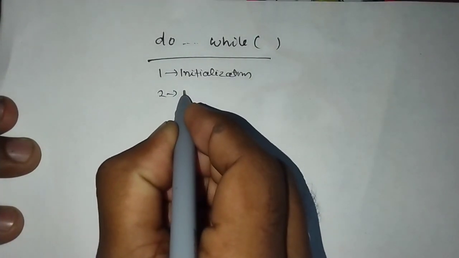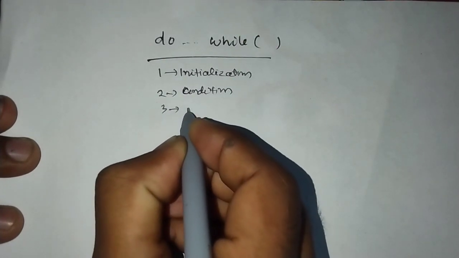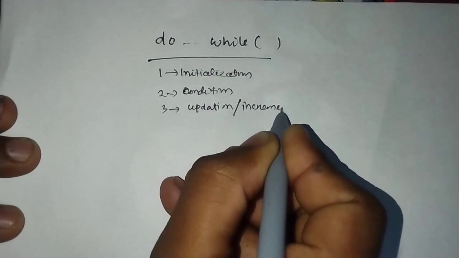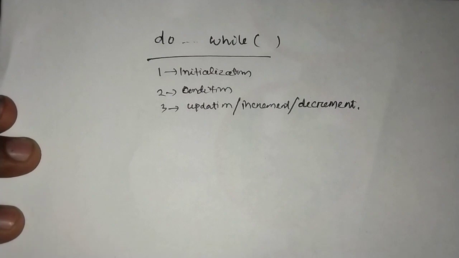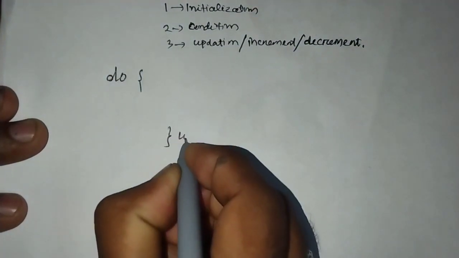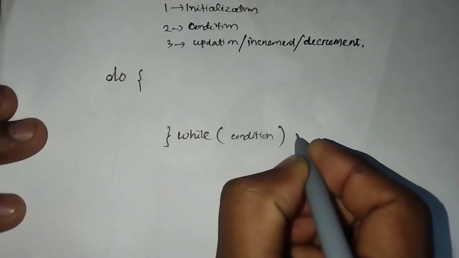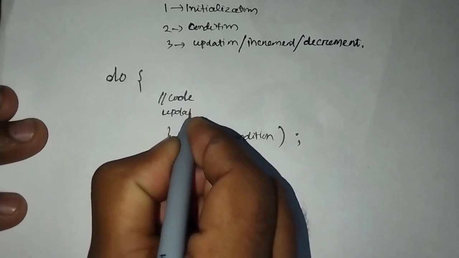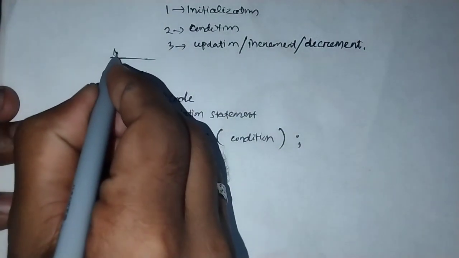The second one is the test expression or the condition, and the third one is the updation statement or increment, decrement. Okay. The syntax is do, in the braces the code and the update statement, after this the while, and the condition at the end. And before the do you have to initialize.